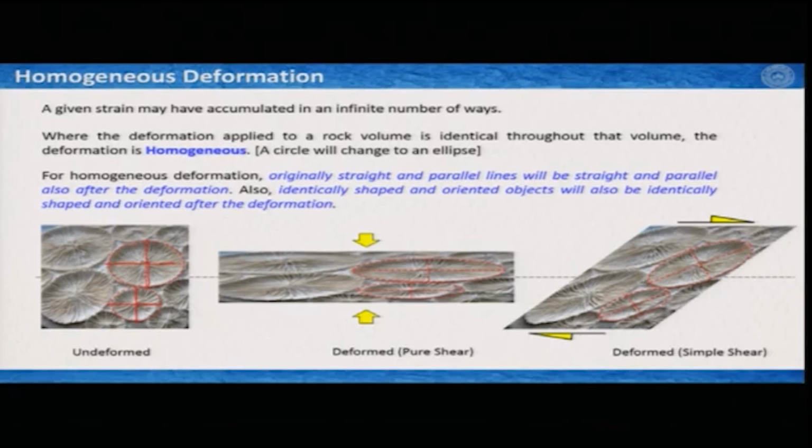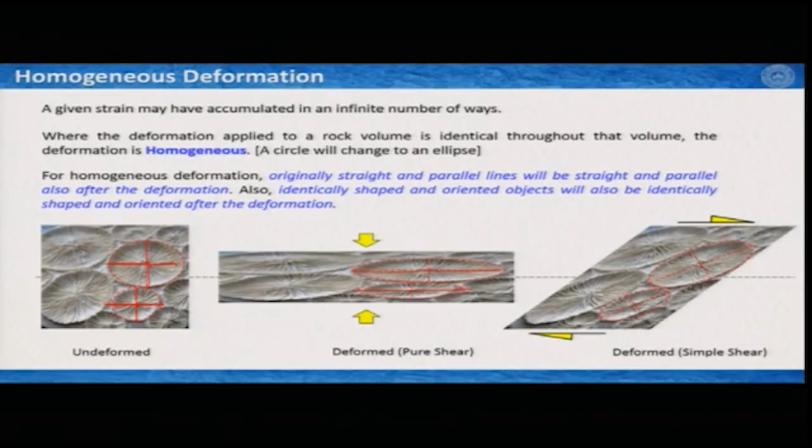Now for homogeneous deformation, the definition says that originally straight and parallel lines should be straight and parallel lines after the deformation. So this was originally a straight line, it is also a straight line. It was parallel to this line, it is also parallel to this line. So in that context it is homogeneous.